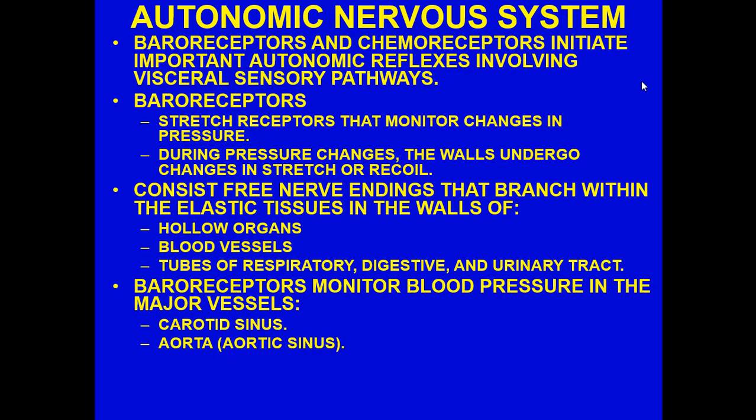A baroreceptor is a stretch receptor that monitors changes in pressure. During pressure changes, the walls undergo changes in stretch or recoil. Okay, so what are they? They consist of free nerve endings. They branch within the elastic tissues in the walls of hollow organs, intestine, blood vessels, particularly huge elastic arteries.